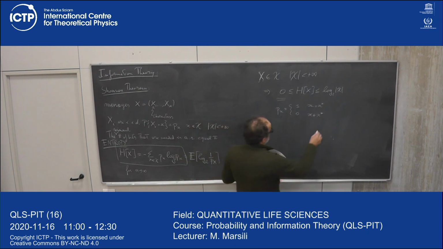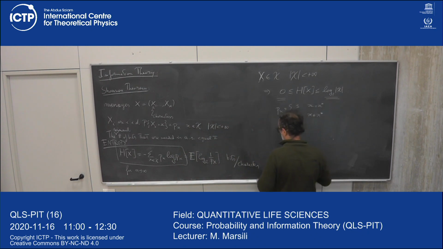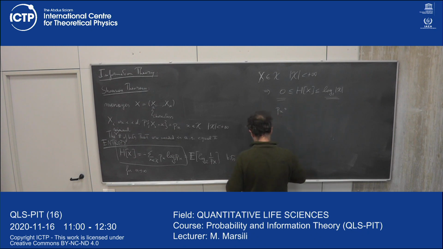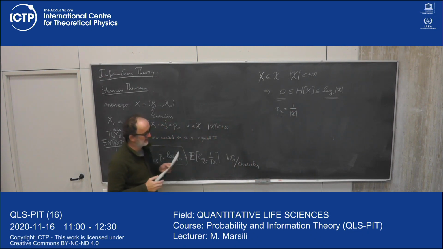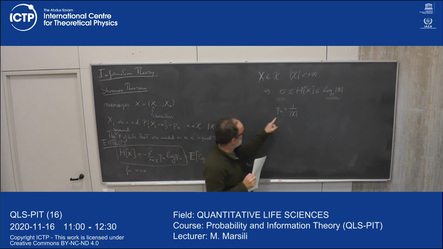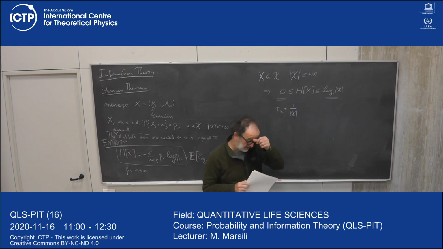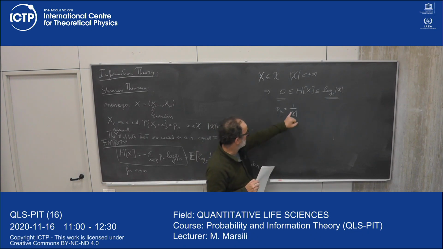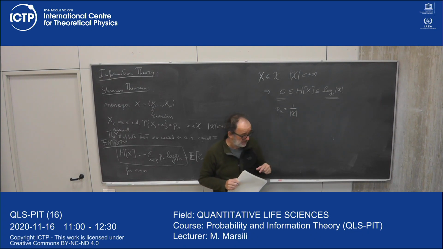On the other hand, these other limits correspond to the situation where Alice is as uncertain as possible about the value of x. And so the probability of x taking any value is equal, and by normalization must be equal to 1 over k.